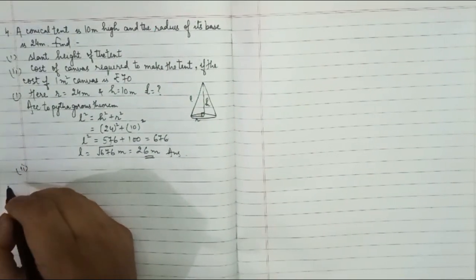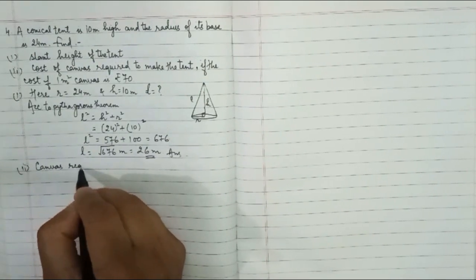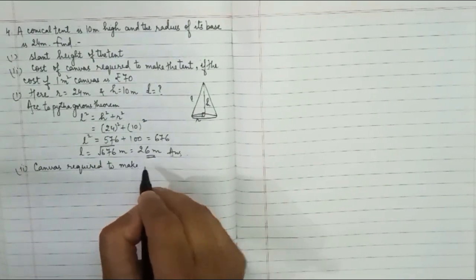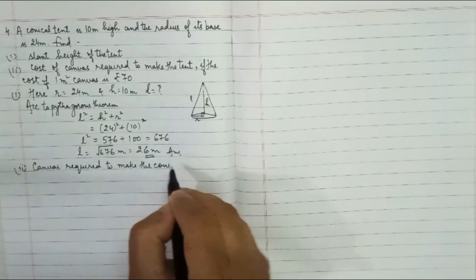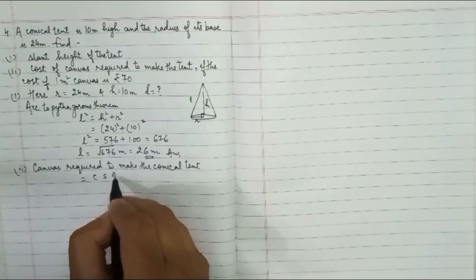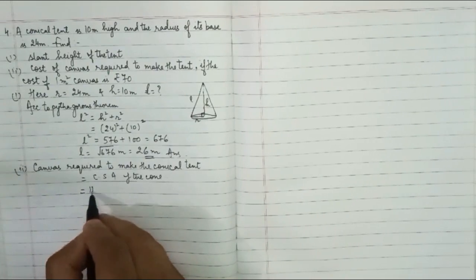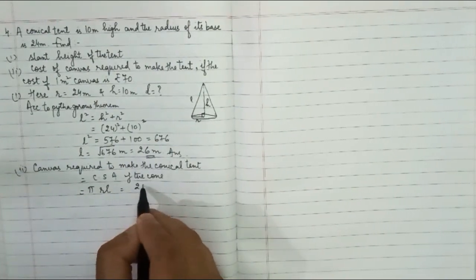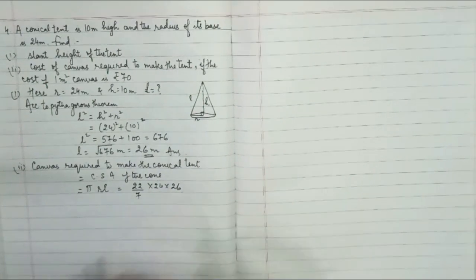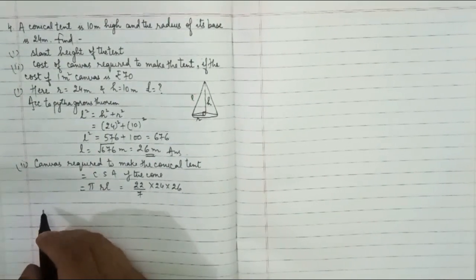Now second part. Canvas required to make the conical tent is equal to curved surface area of the cone, which is given by pi r L, that is 22/7 into 24 into 26. This is the canvas required. Okay. Now cost of the canvas required.